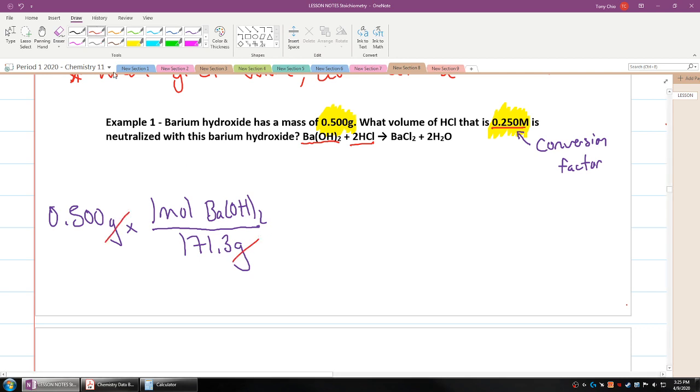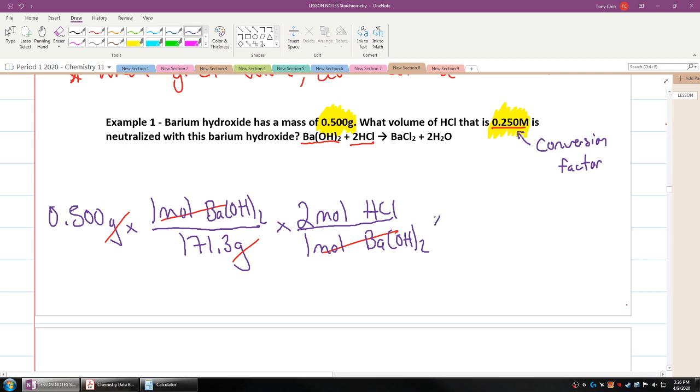Now our next step is to solve for our moles of hydrochloric acid, because that's what we're going to get to. Looking at this, our molar ratio is 1 mole of barium hydroxide reacts with 2 moles of hydrochloric acid. So we want our 2 moles of HCl on top and our 1 mole of barium hydroxide on the bottom, because thus our moles of barium hydroxide will cancel out.